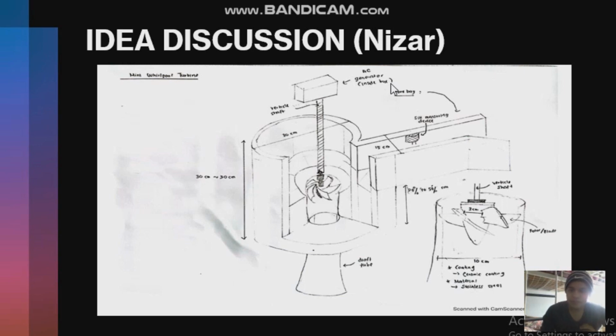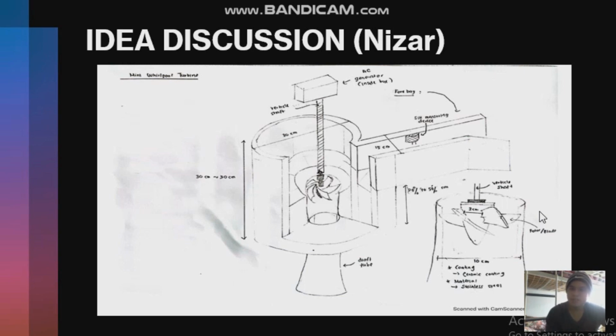In order to prevent failure of the turbine because of sediment from the river, we will be using a coating such as a ceramic coating, and we can also consider the material of the turbine itself. The most suitable is stainless steel.